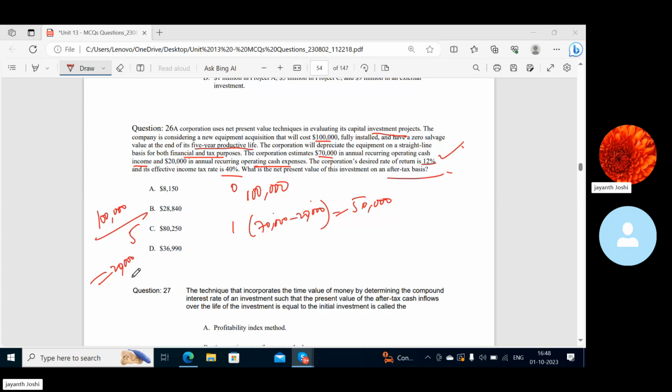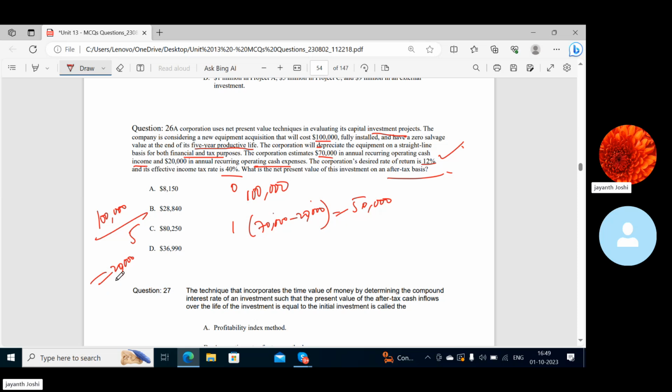The role of depreciation would be tax allowable depreciation. Corporation will depreciate the equipment on a straight line basis for both these purposes.